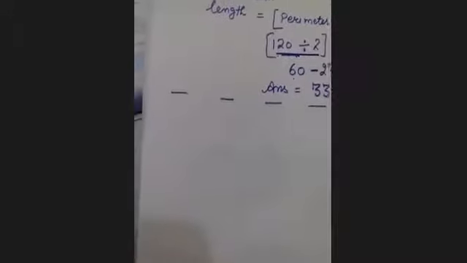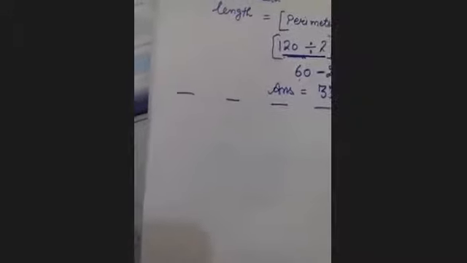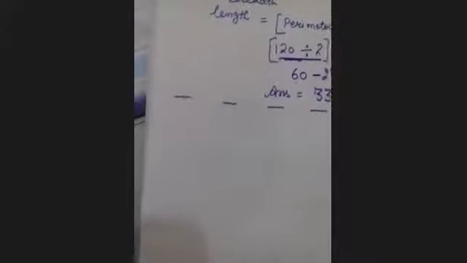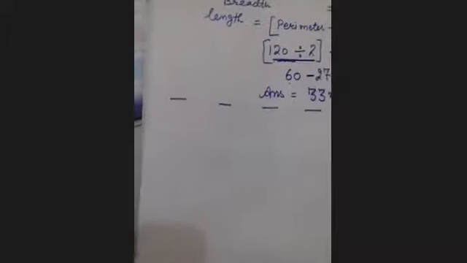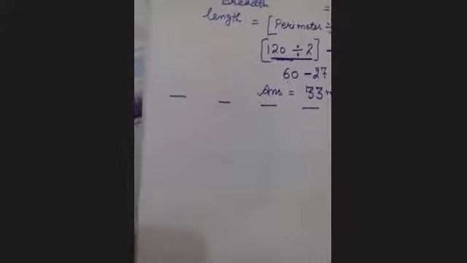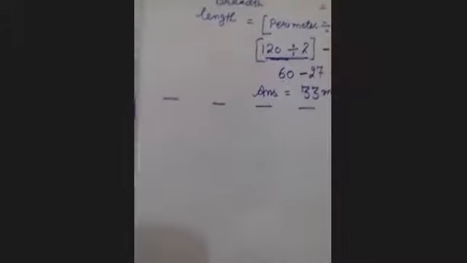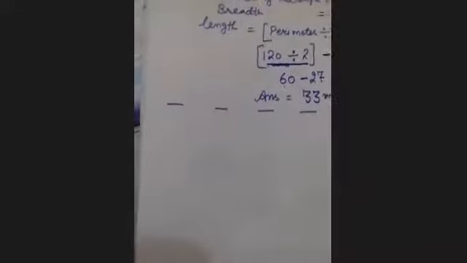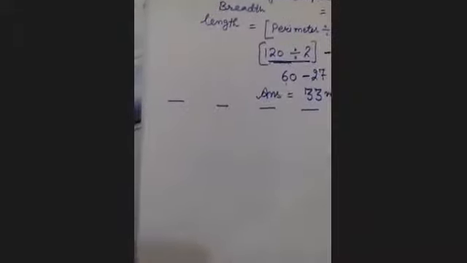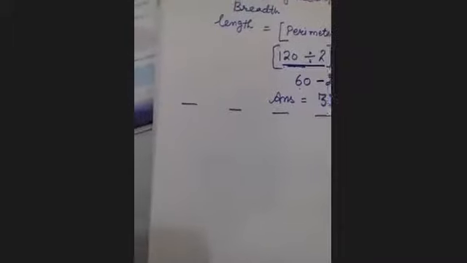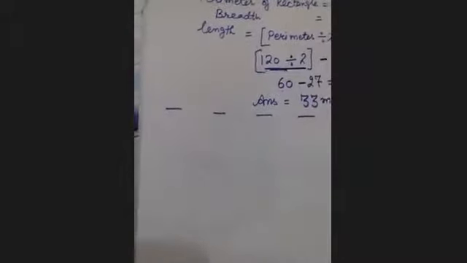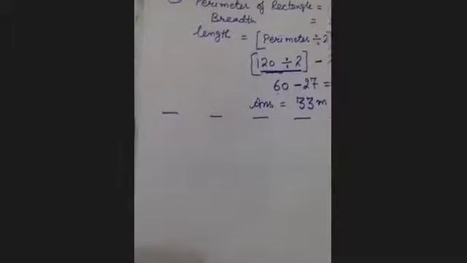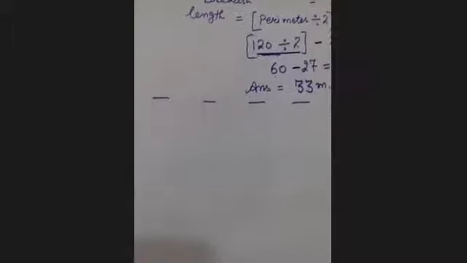For example, triangle, square, rectangle, pentagon, hexagon, these all figures are rectilinear figures. Circle is not a rectilinear figure because it is made by a curve.